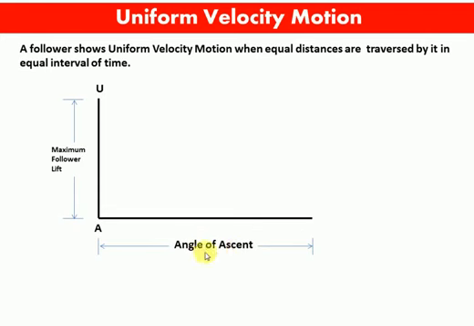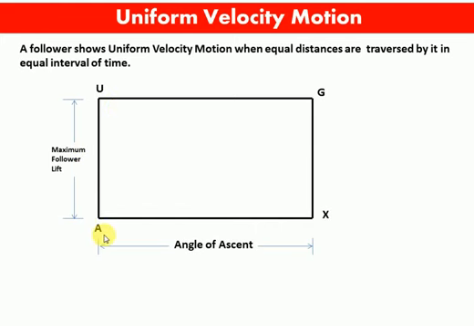This angle of ascent can be scaled as, say, 1 centimeter equals 10 degrees. So for an angle of ascent equal to 60 degrees, we can draw a horizontal line of 6 centimeters. So on the horizontal scale we have the angle of ascent, and on the vertical axis we have the maximum follower lift. We draw a square box AUGX.